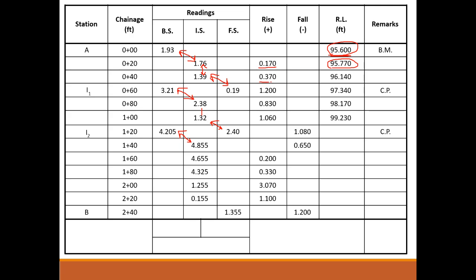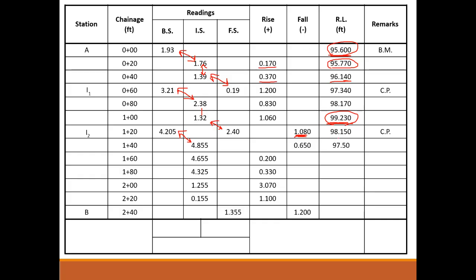Now 95.770 plus 0.370, we will get the value of 96.140. Similarly, for all these values up to this value 99.230. From here, what we have to do, 99.230 minus 1.080. I am subtracting now because it is the fall value which is with the negative sign.